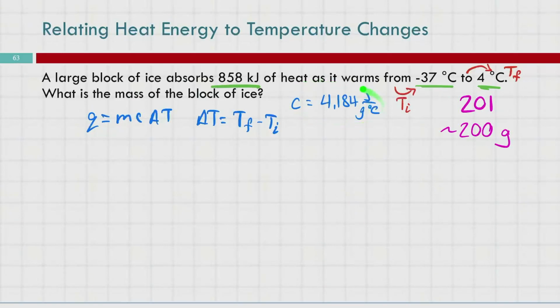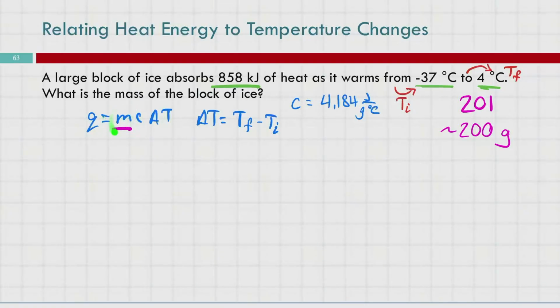And I provided you with the C value, the specific heat capacity. We're solving for mass, Q equals mC delta T, so we'll have to do a little bit of algebra, a little bit of rearranging. I like to do it first, but you might choose to do it differently.